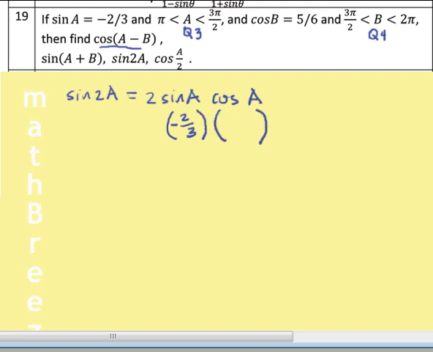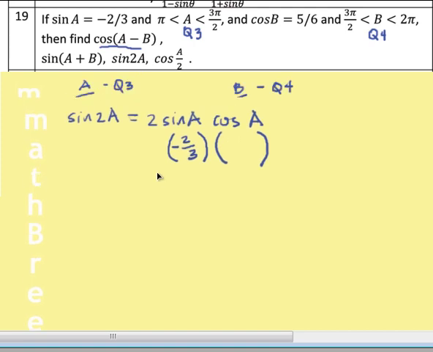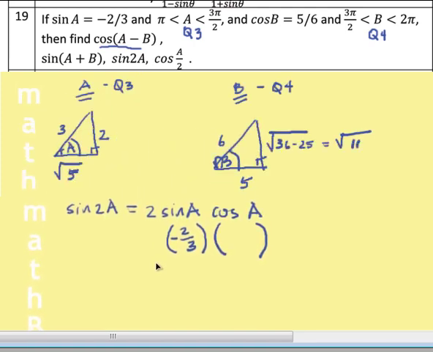So we just need cos A. Let me just find those triangles again. There we are. And we have cos A. Adjacent over hypotenuse, and quadrant 3 is negative. And don't forget that 2 in front.